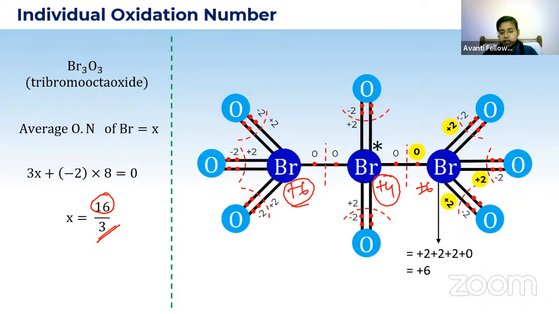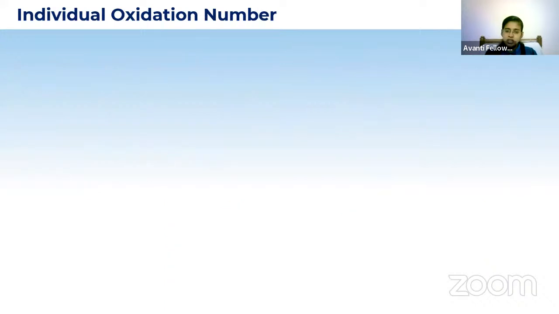So let me explain. Let me take a very simple molecule, CH4. I have one carbon and 4 hydrogens. What is the valency of carbon? 4. It means that carbon can form only 4 bonds.